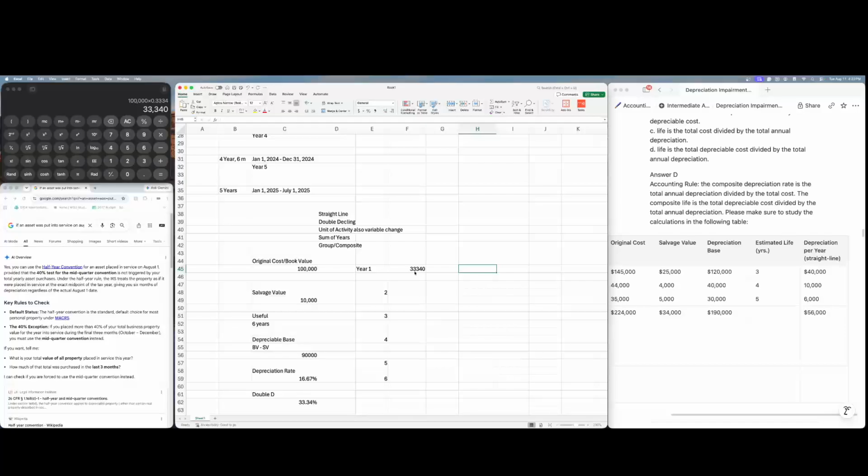So now you have the new book value after that deduction. The new book value is 66,660.